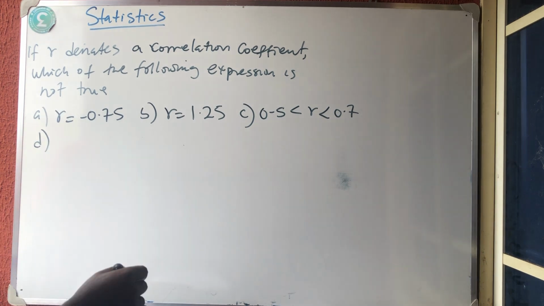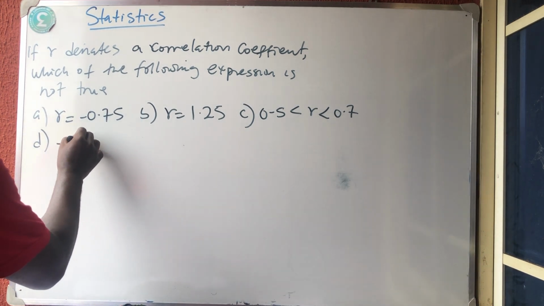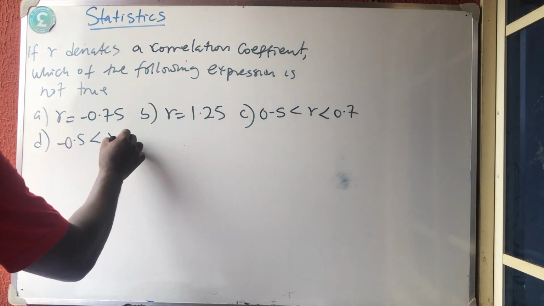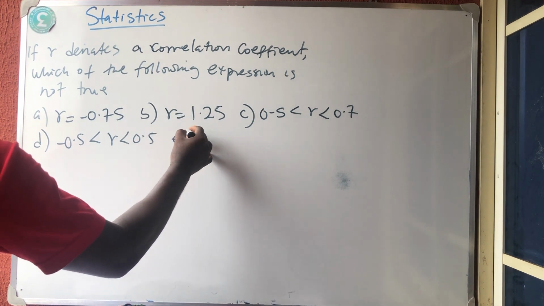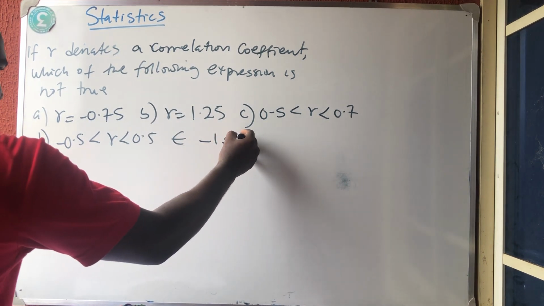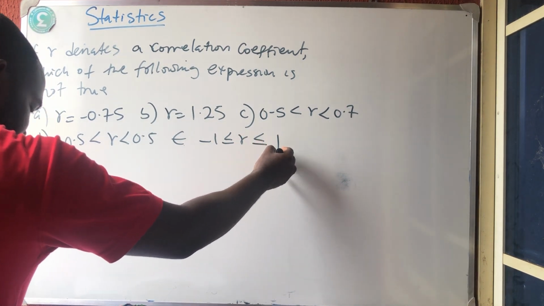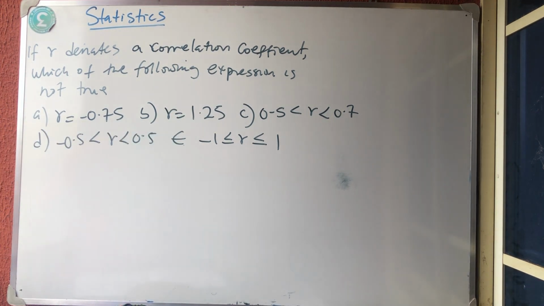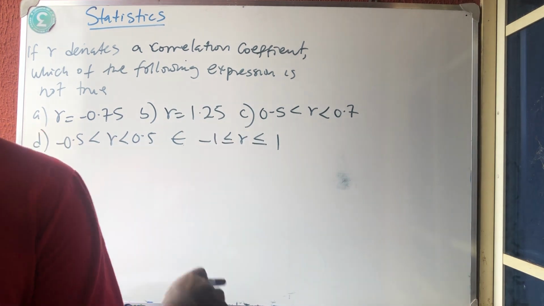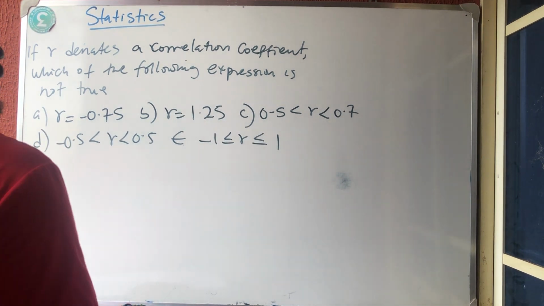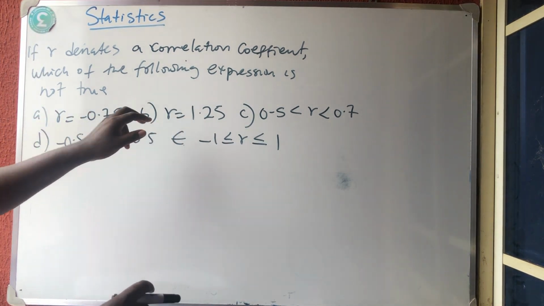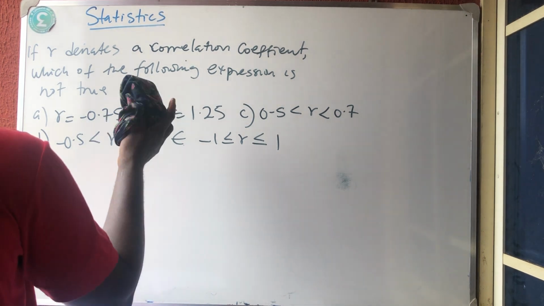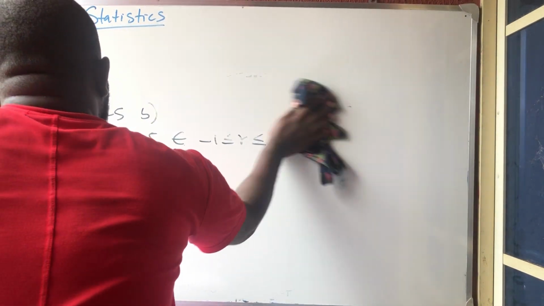D said minus 0.5 is less than r, which is less than 0.5. E said minus 1 is less than or equal to r, which is less than or equal to 1. The only thing that is awkward there is what? 1.25, because r can never be greater than 1. Okay? r can never be greater than 1. So the awkward one there is 1.25. That's all. That's the answer.